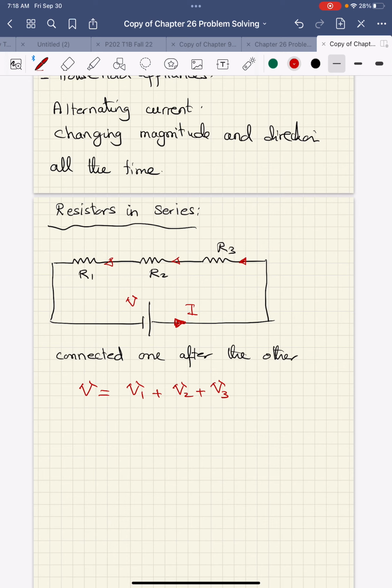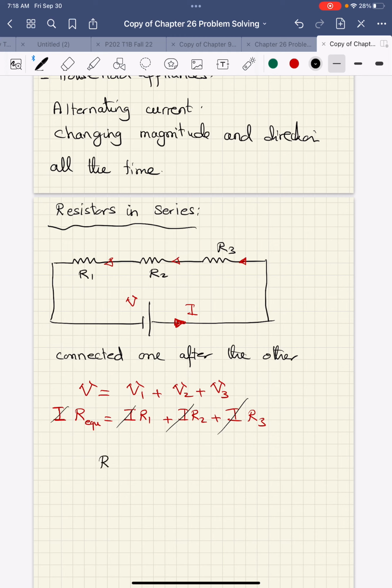And that is going to be this one here, Ohm's law with R, which I will call the equivalent. Equivalent means I'm going to remove all the resistors and put one resistor only. And this is I times R1 plus I R2 plus I R3. Since I is the same constant value, I can drop it from all.